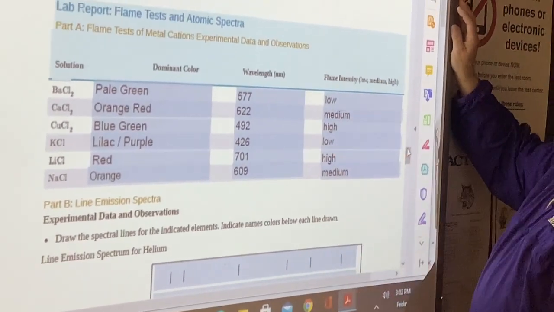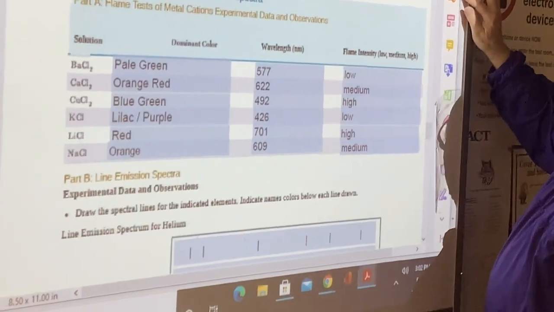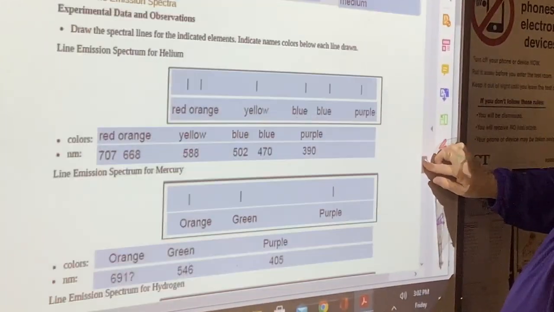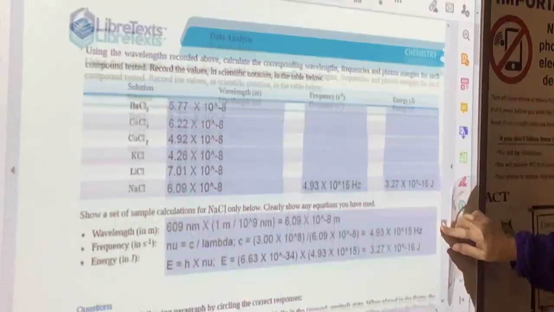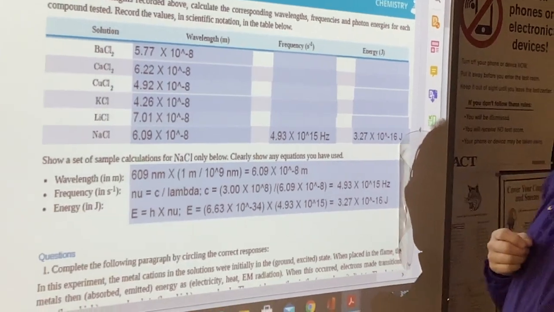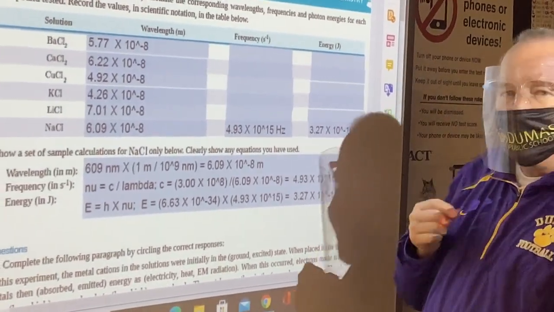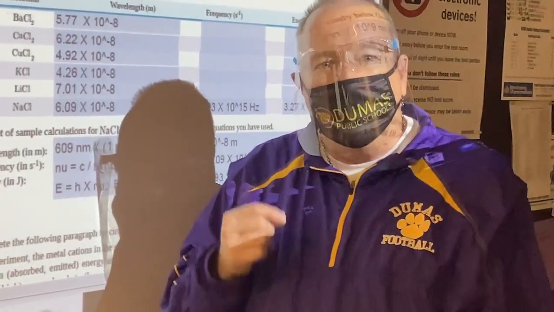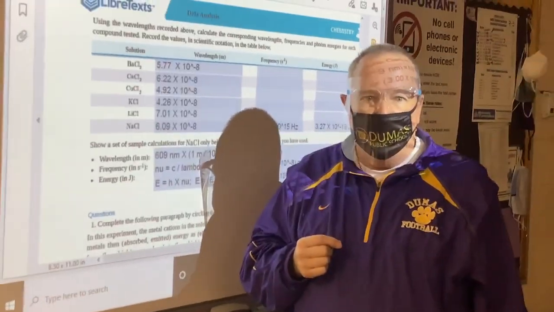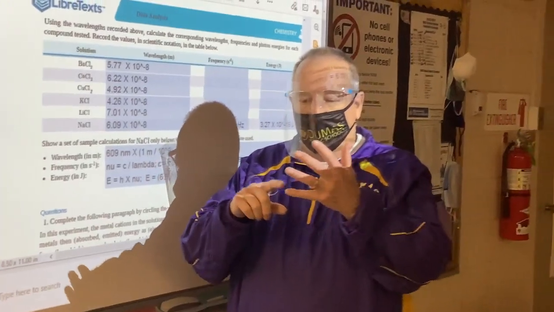You can see the flame intensities there, but I'm going to go down to our next table where we had to work out those frequencies. So that 577 nanometers, don't forget, there are 10 to the 9th nanometers per meter.